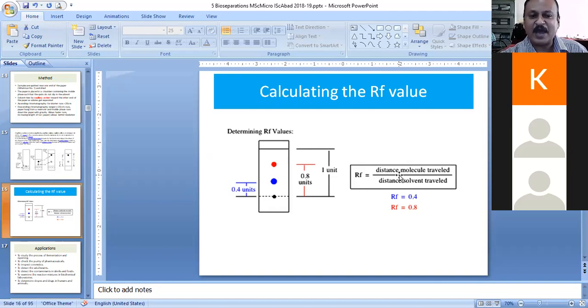And therefore the RF value for this component is 0.4 divided by 1, that is 0.4. And for the red spot here, the RF value is 0.8 units divided by 1 unit, that is 0.8.